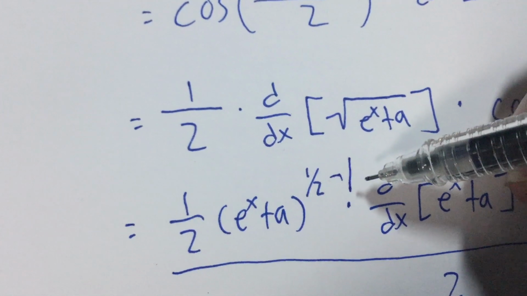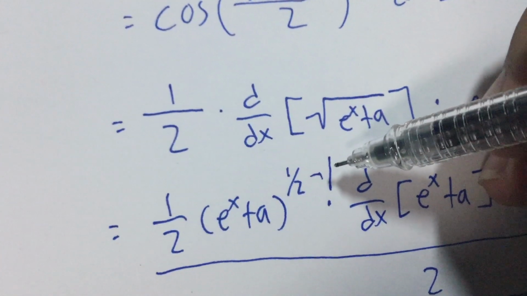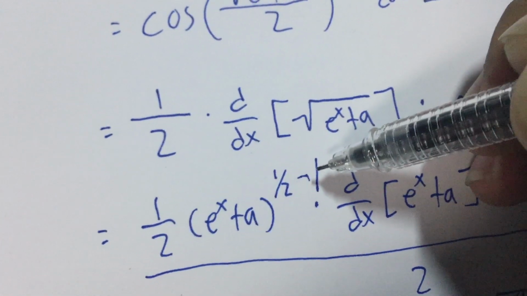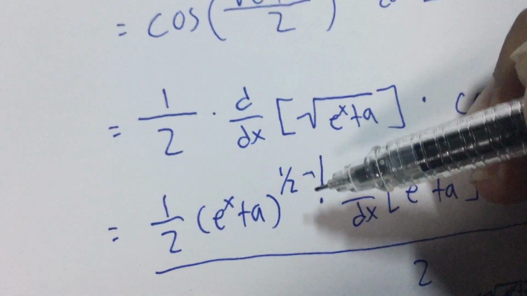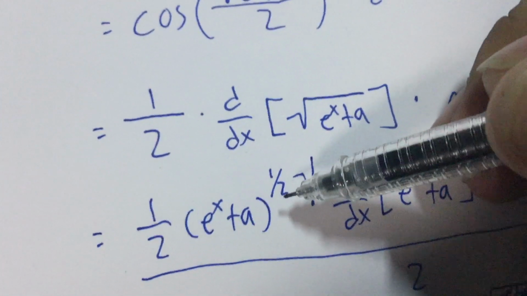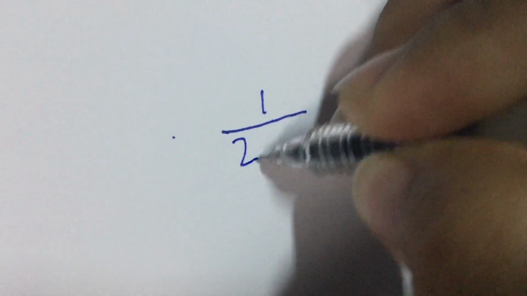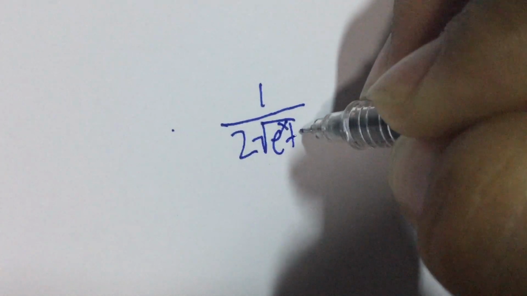So the result here is 1/2 times (e^x plus a) raised to negative 1/2, and since the exponent is negative, we put it in the denominator of the fraction so that it becomes positive. The answer for that is 1 over 2 square root of e^x plus a.